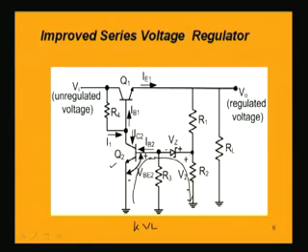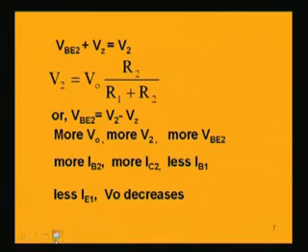So VBE2 plus Vz, mind the polarities, because this is a reverse biased Zener diode, so this point should be negative, this point is positive, and Vz is the drop. So VBE2 plus Vz minus V2 equal to 0. That means we can write VBE2 plus Vz equal to V2.